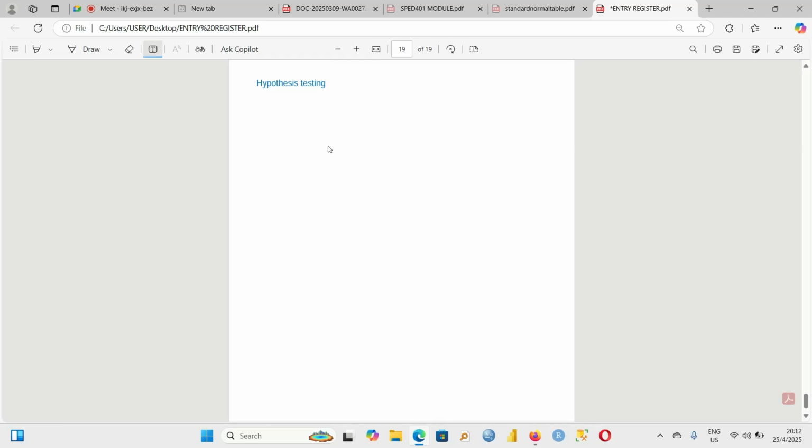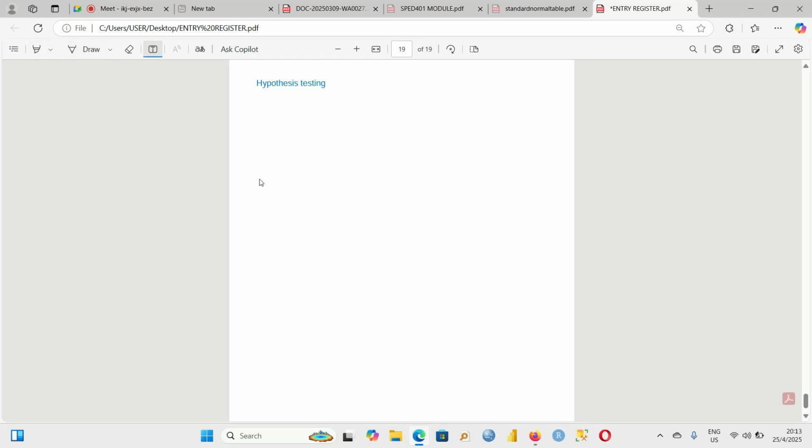We want to test whether a given statement is true or false. If you are given a certain statement and we can check whether it is true or false, that statement we can reject or we can accept.